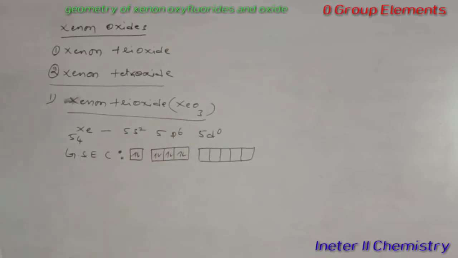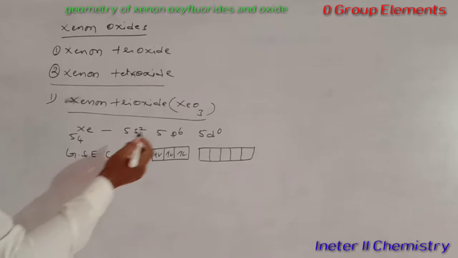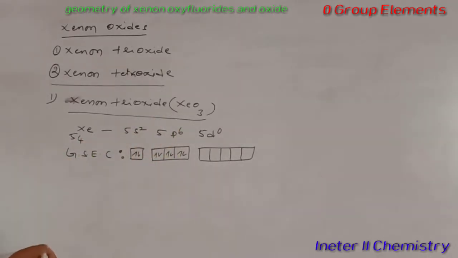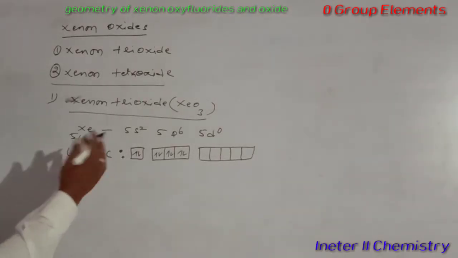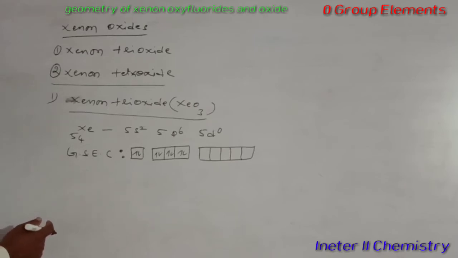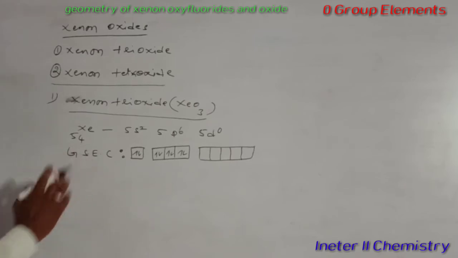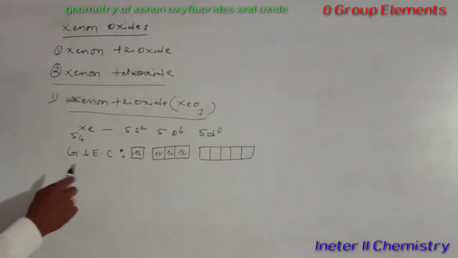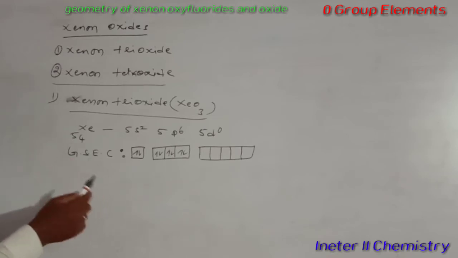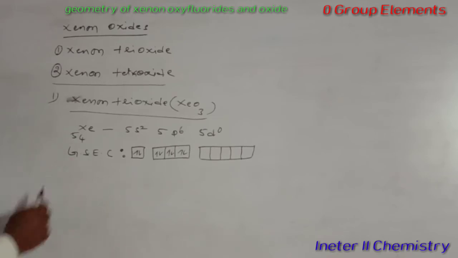Here in xenon trioxide we want a total of 6 covalent bonds. Here 3 oxygens are forming 6 covalent bonds with the xenon. So how many unpaired electrons do we require? 6 unpaired electrons. So if you want 6 unpaired electrons, I have to write the third excited state.